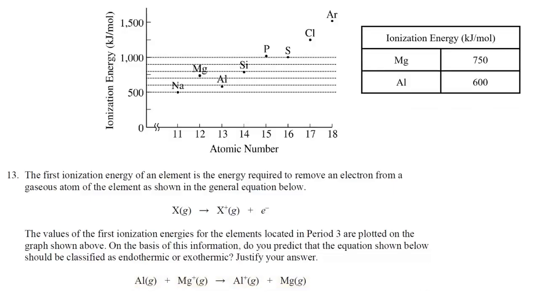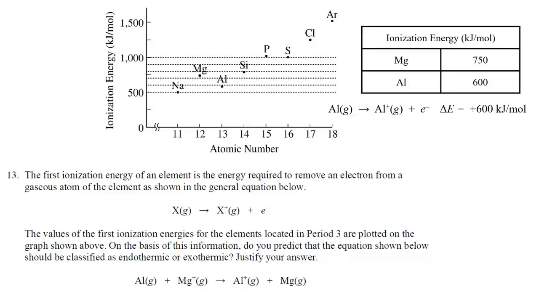So the value for ionization energy for magnesium is approximately 750. And the value for the ionization energy of aluminum, again from this diagram, is approximately 600. So based on that general equation for the ionization energy of an element, aluminum would start off as an atom.